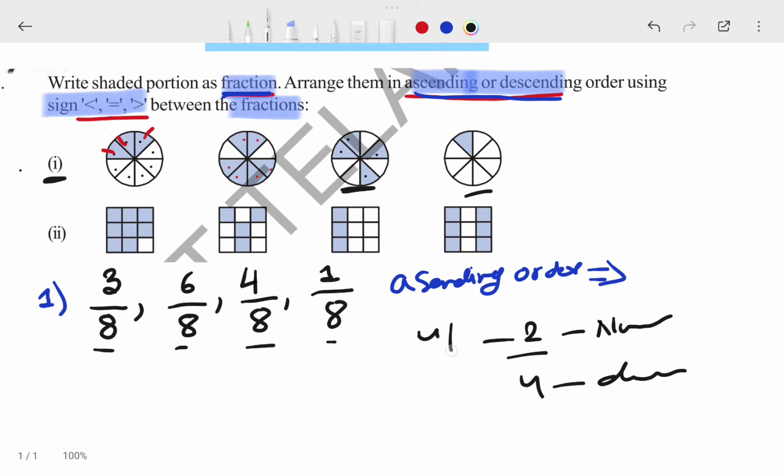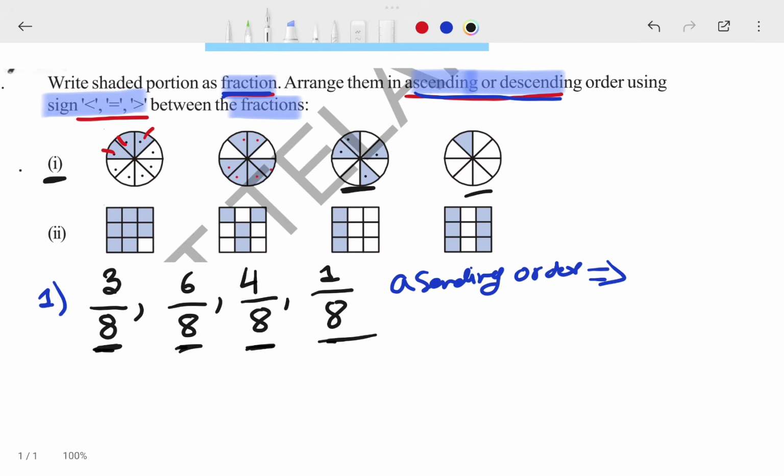You can say up number and down number also, but generally the top is the numerator and the bottom is the denominator. Like 3 is the numerator and 8 is the denominator. Here the denominator, the down number, is totally the same. This is 8, this is 8, this is 8, this is 8, so all are 8.